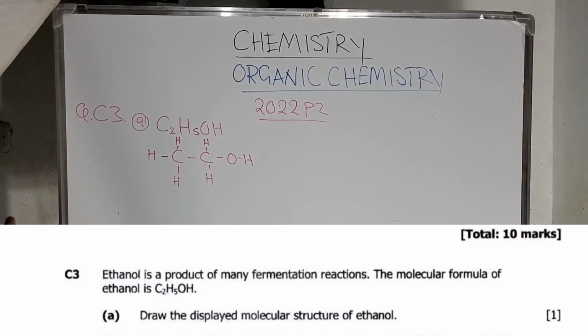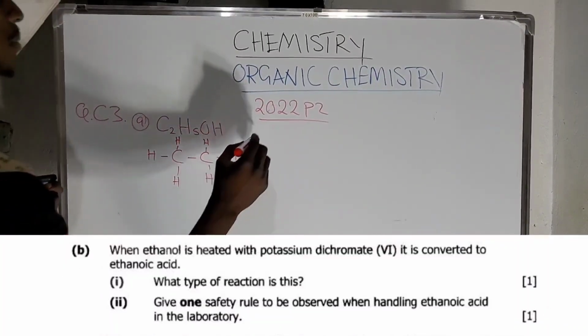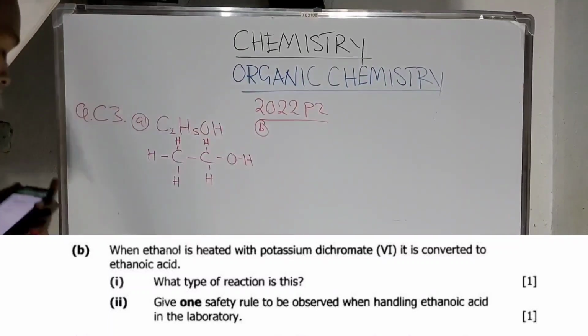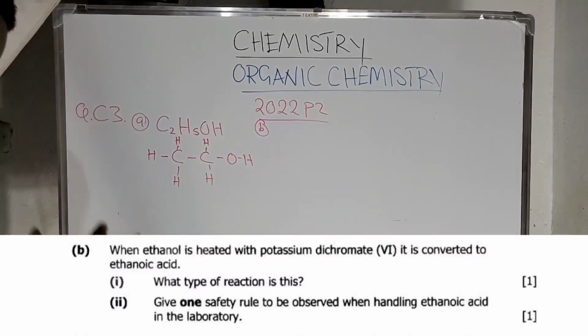Okay, let's go to B. Question B says, when ethanol is heated with potassium dichromate(VI), it is converted to ethanoic acid. Yes, true.